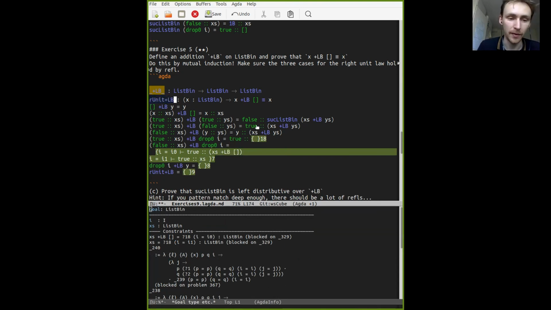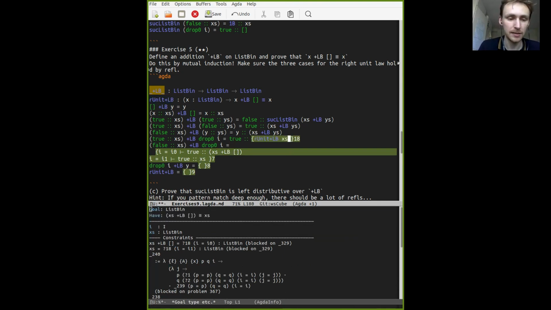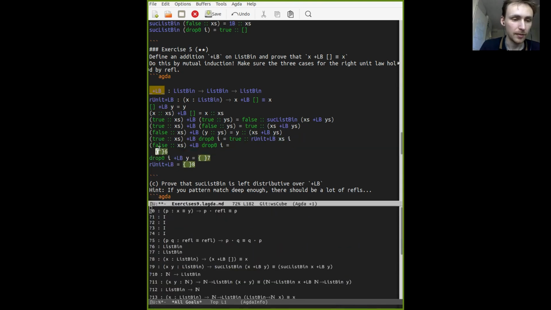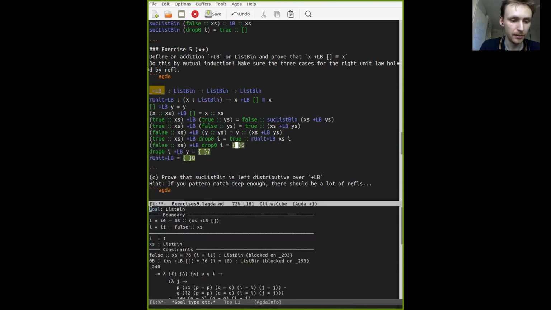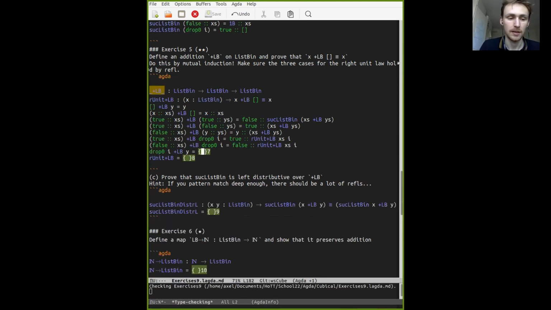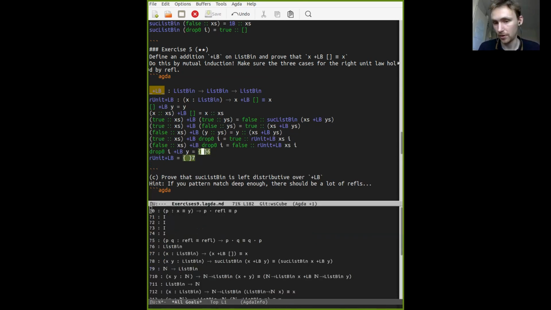But that's perfect. We have our right unit law that we can apply to xs. And it gives us precisely what we want. And I promise you it's going to be the same thing here for the other case, just with a false instead. Exact same construction. So we handle the drop cases. Great.